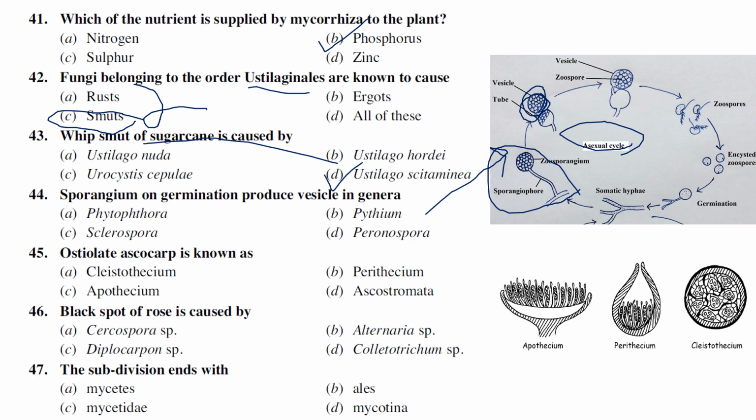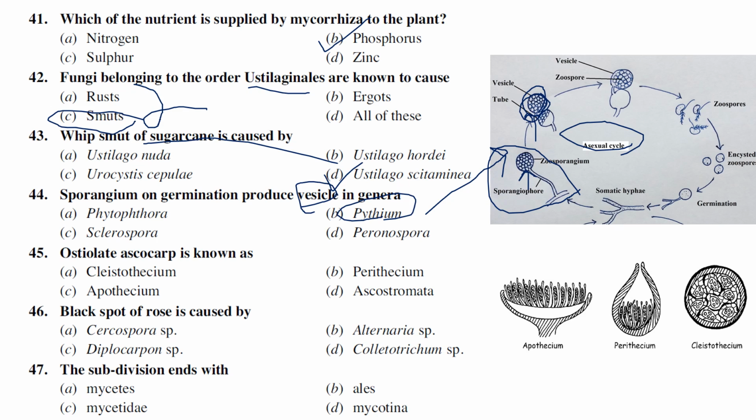In the vesicle, zoospore formation or compartmentalization of protoplasm takes place. If the protoplasm is present in the sporangium, it remains as a sporangium. So the protoplasm moves into the vesicle where compartmentalization and zoospore formation take place. Here the sporangium on germination produces a vesicle, the special feature of Pythium aphanidermatum.